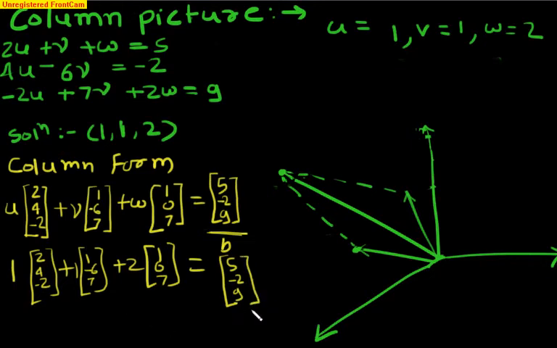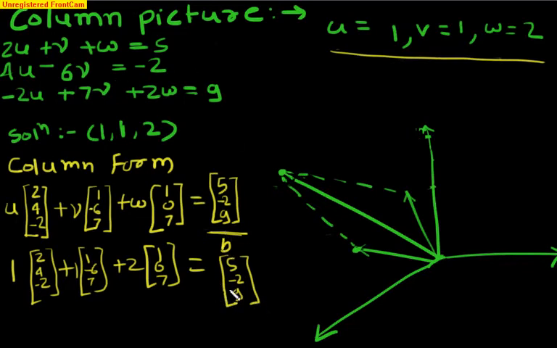It means we can represent it in the column picture as a combination of columns. We need to find out the u, v, w, the combination of the columns that gives us b. This is nothing but our solution.